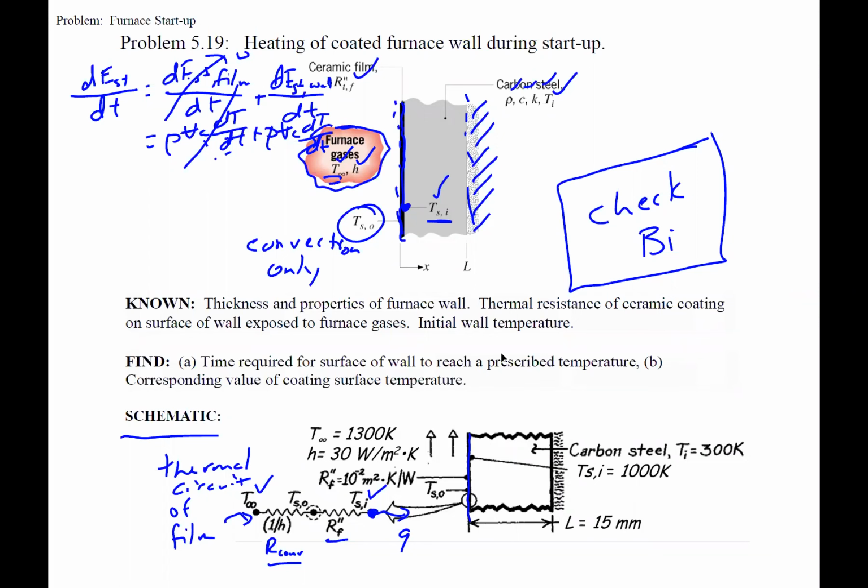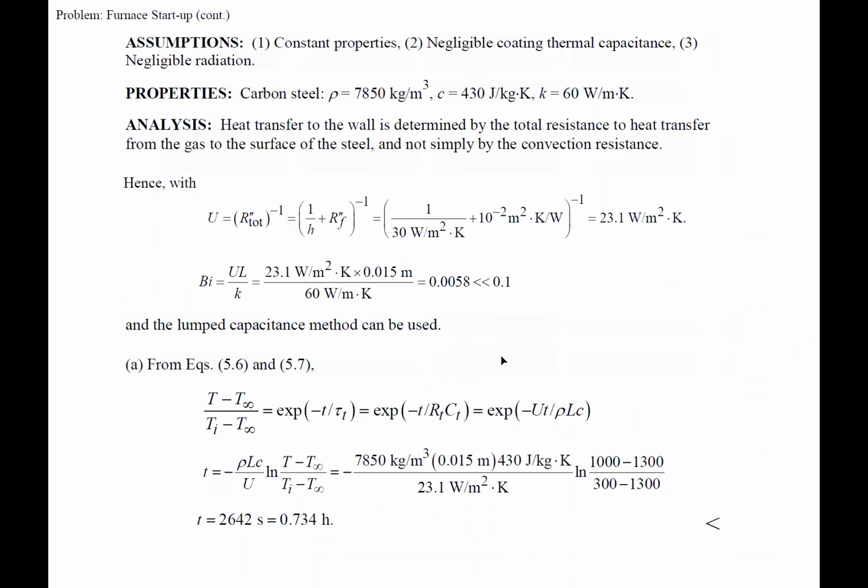All right, so we need to check Biot numbers, so let's start there. The Biot number usually looks like this, and you can see in this one the h is changed to a U. That's because we have that thermal circuit. We're looking at the steel wall, but we have a film between it.